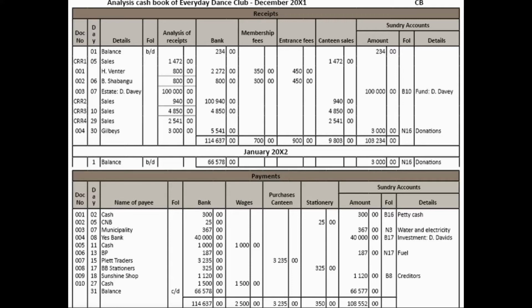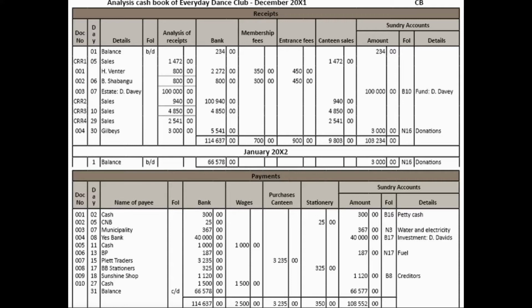Okay, and then sales also on the 7th, 940 in the bank and in the canteen sales column, 940. So in the analysis column, we have 940, and then in the bank, 100,940 Rand.